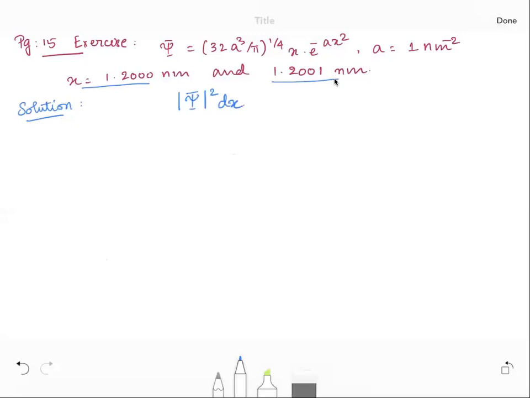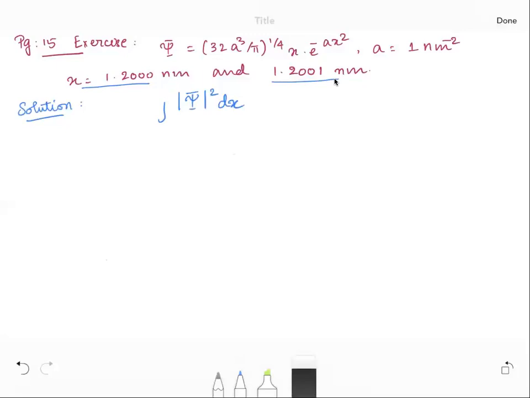However, if the interval is not infinitesimal, let's say we have to find the probability of the system being present between x equals 2 nanometers and x equals 5 nanometers, that is not an infinitesimal interval. In that case, we would have to integrate over this probability.